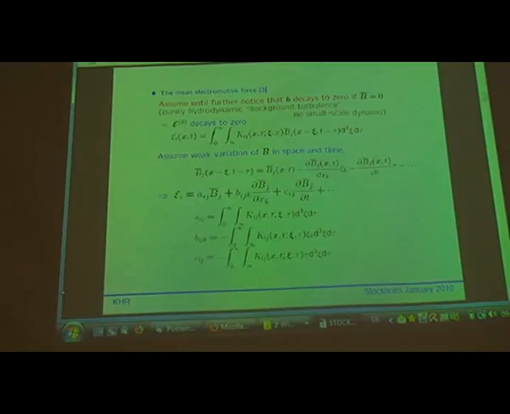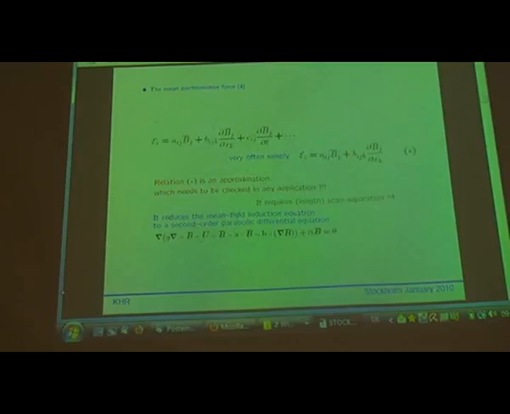Very often, this relation, this was the relation I had on the previous slide, is replaced by a relation without the time derivative. If you read papers, you have sometimes the feeling this is the electromotive force in mean field theory.